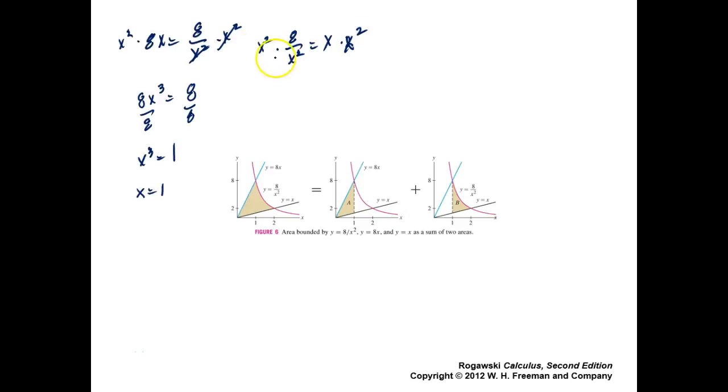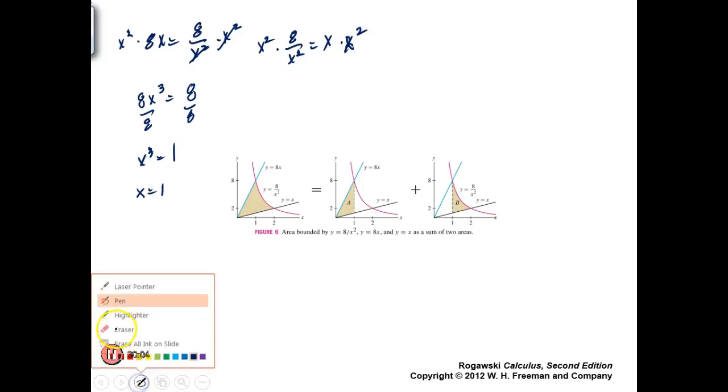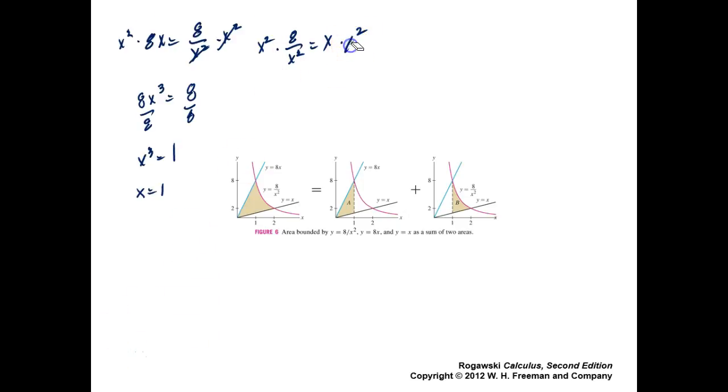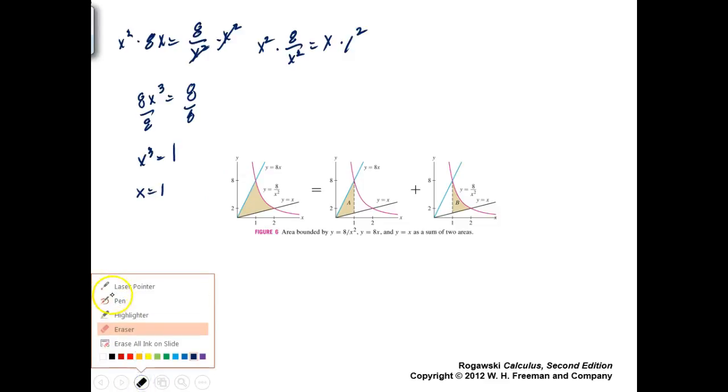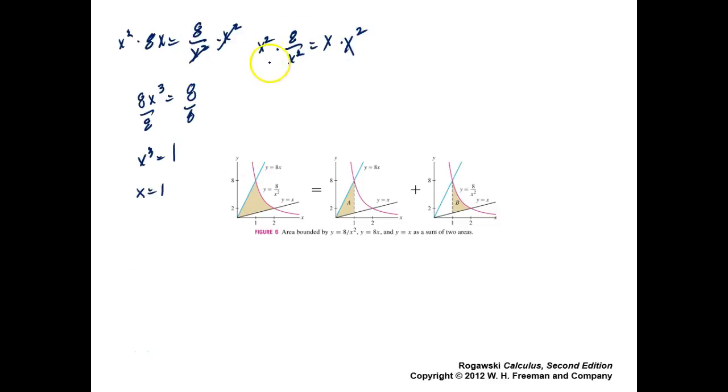Okay, and what does that give us? You get 8 equals x cubed, and what's your answer there? x equals 2. So sure enough, they did choose the right things.